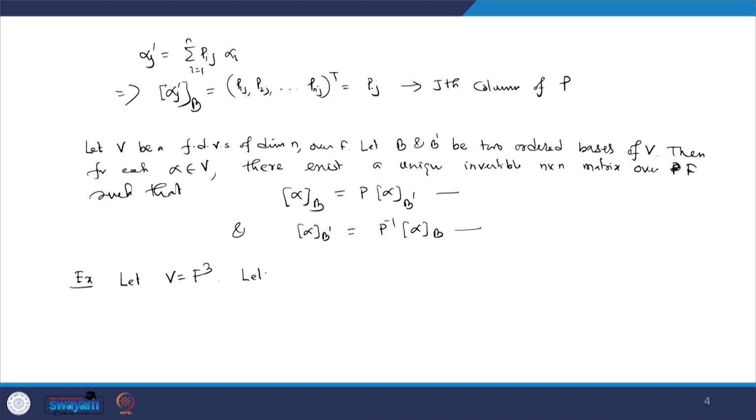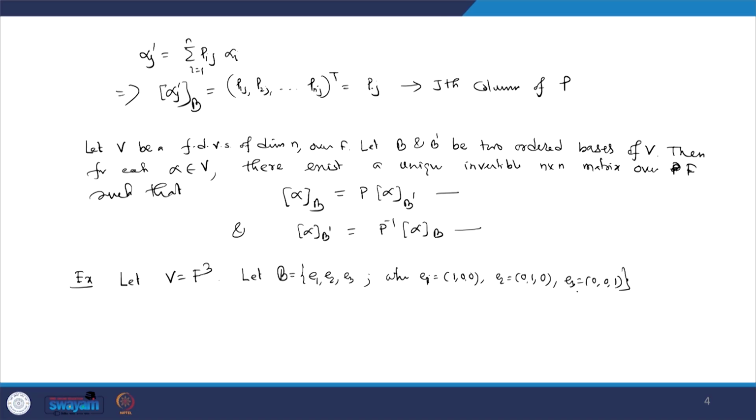Let B, an ordered basis, be E1, E2, E3, where E1 equals (1, 0, 0), E2 equals (0, 1, 0), and E3 equals (0, 0, 1).